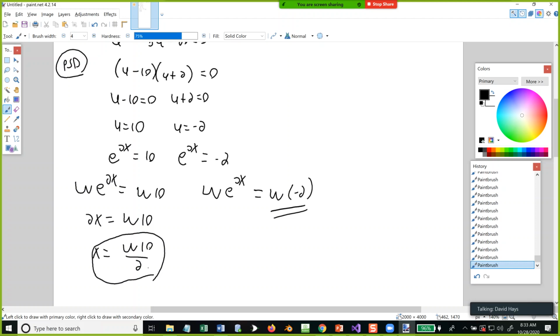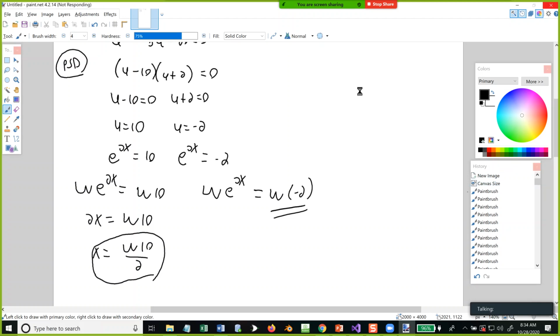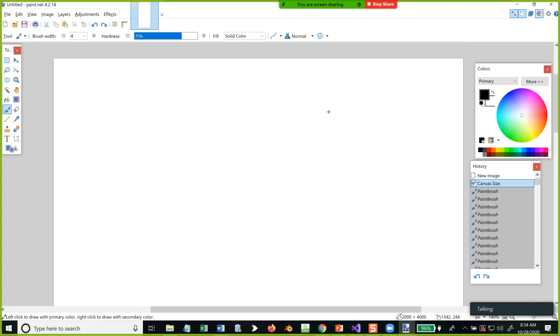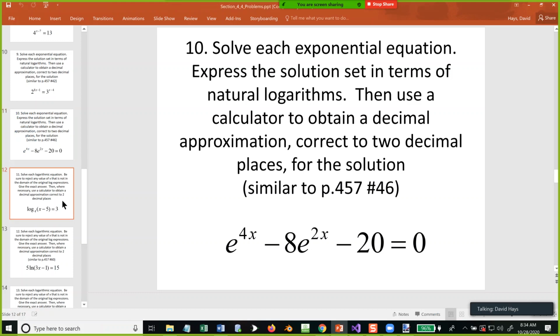Now, our next type is log equations. Again, a log equation is pretty easy to identify.